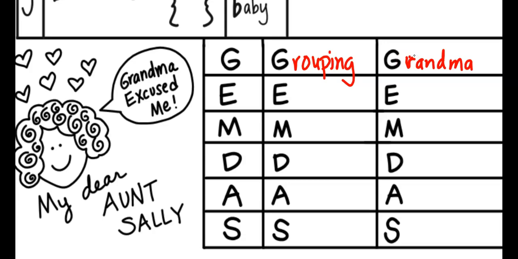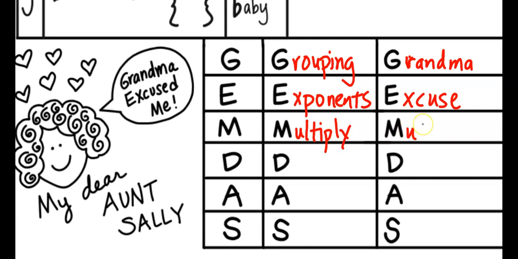So the next step, once we've evaluated the expression with grouping symbols, we're going to go to exponents. We're going to evaluate any exponents. And the E that goes for that is excuse. Helps us remember the order. M would be multiplication or multiply. We're going to multiply anything in the expression. So this would be my. And then D is for division or divide, which would be dear.